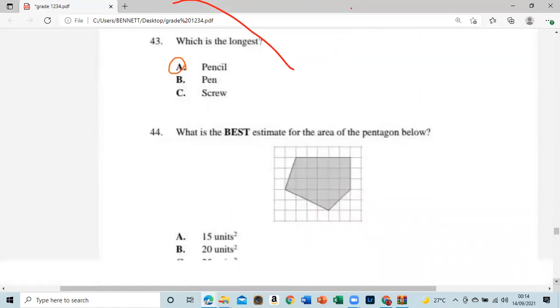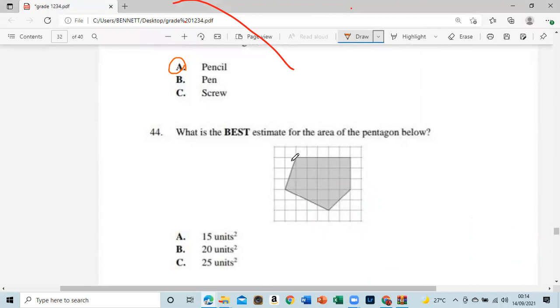What is the best estimate for the area of the pentagon? Let's see if we can find out the whole ones first. Remember, area is the number of square units. 1, 2, 3, 4. These are very good questions. So I look for the solid ones first, the ones we're sure of. 11, 12, 13.